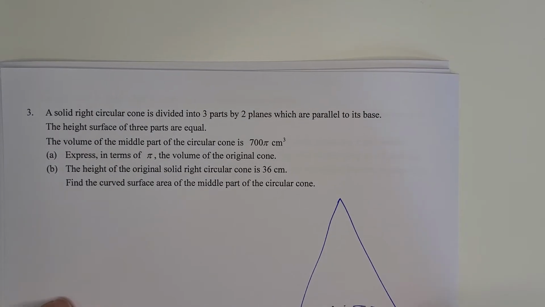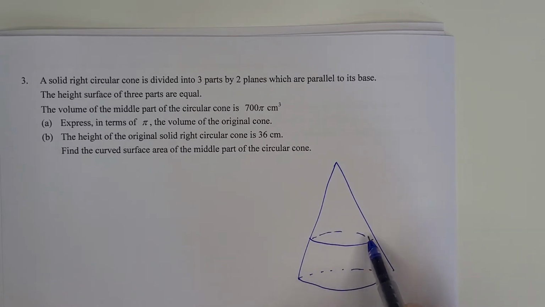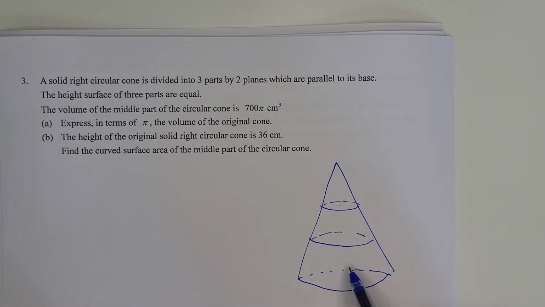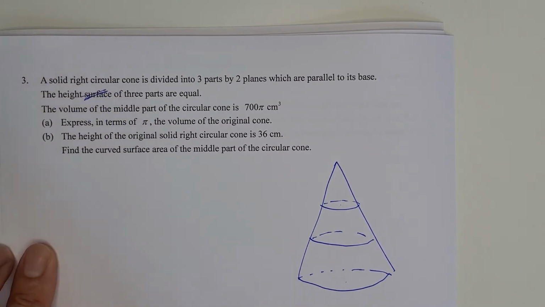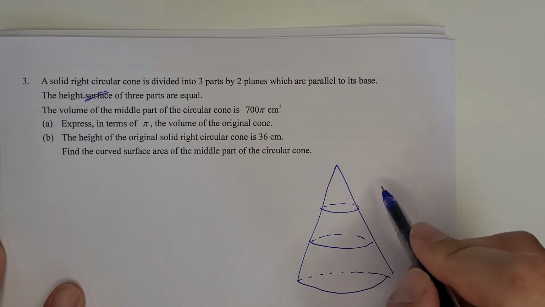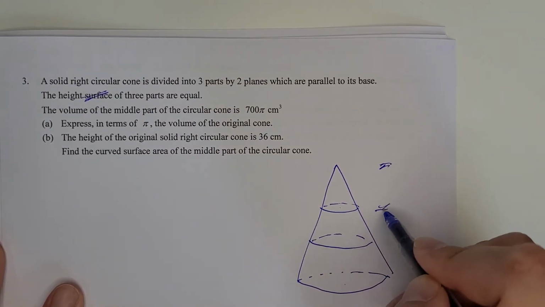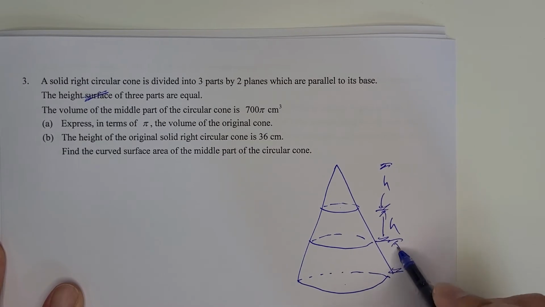It is cut into 3 parts by 2 planes parallel to the base. The heights of the 3 parts are equal. So this means there's h, there's h, there's h.